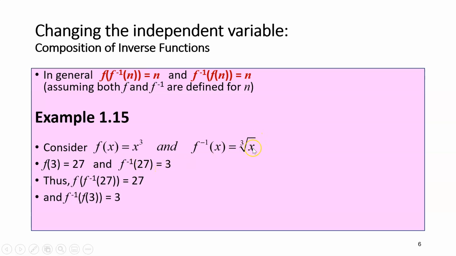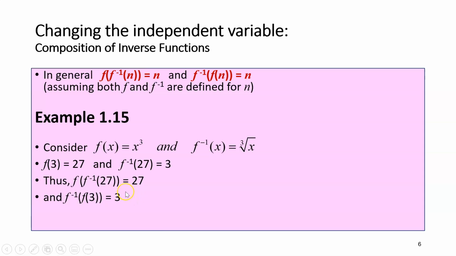When you substitute the value x over here with 27, we find the cube root of it, and you will get the answer as 3. So, thus, f of f inverse of 27, you will get 27 again. And f inverse of f of 3, you will get 3.